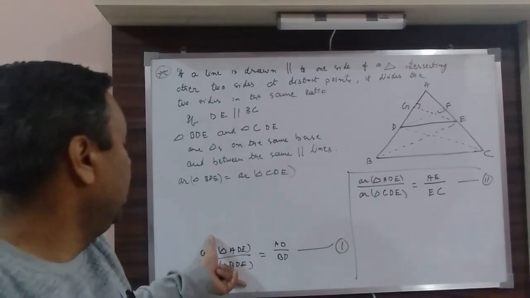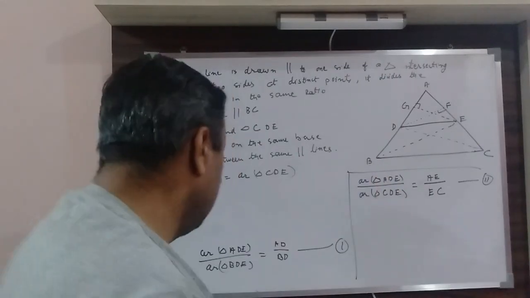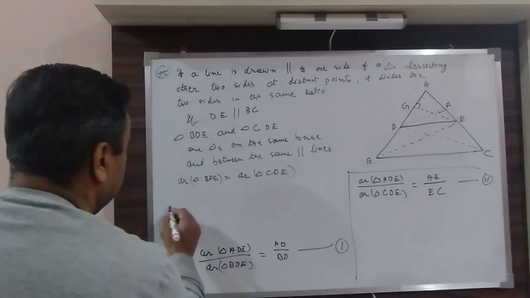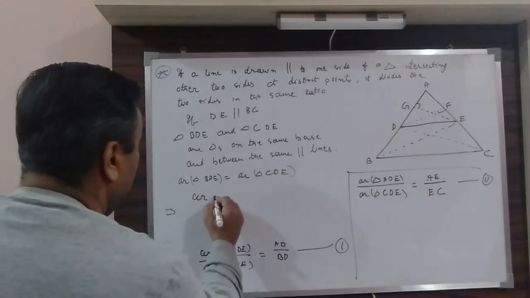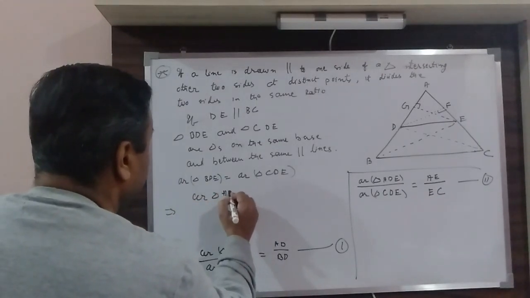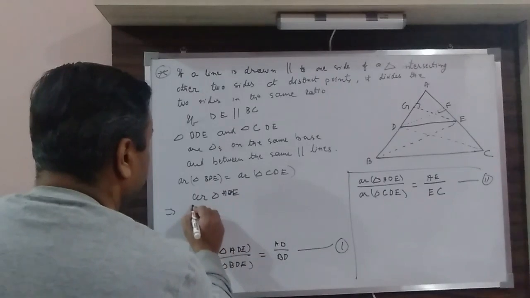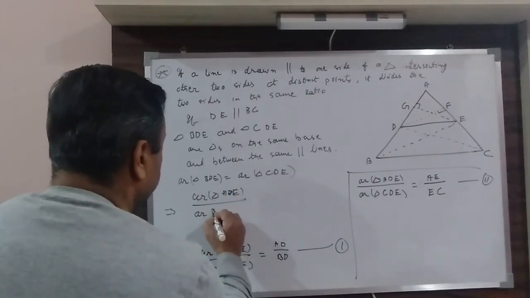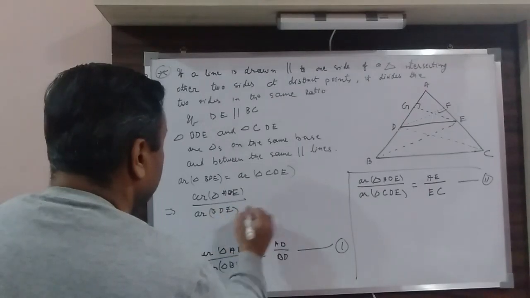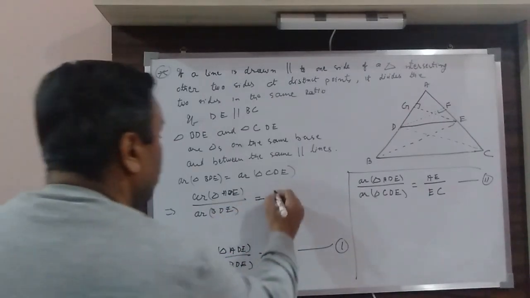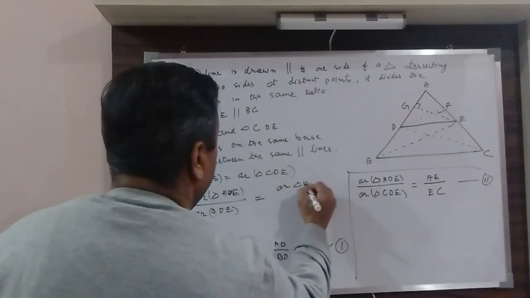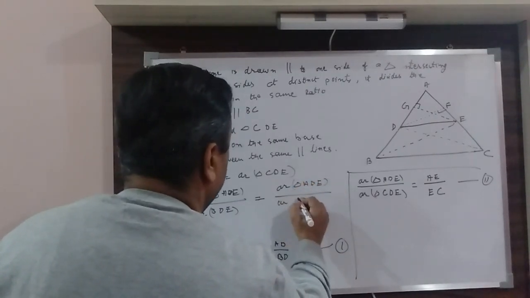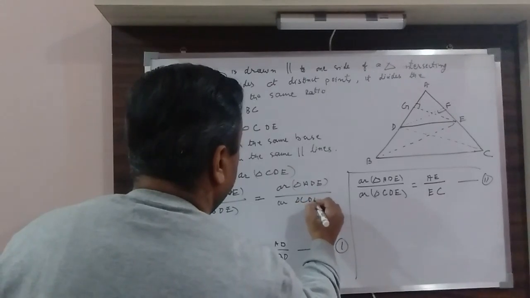So I can say that the area of triangle ADE over the area of triangle BDE is equal to the area of triangle ADE divided by the area of triangle CDE.